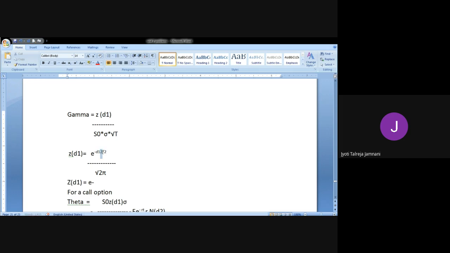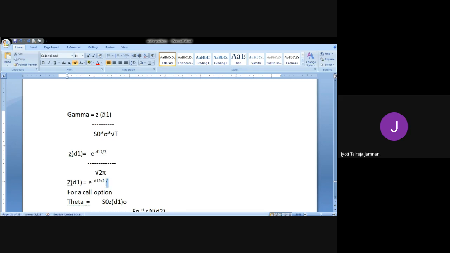Square means it has to go up. And this entire thing is e raised to minus d1 square by 2, divided by square root of 2 pi.